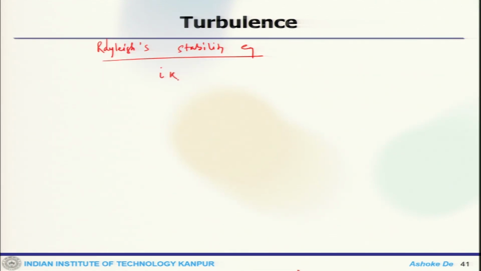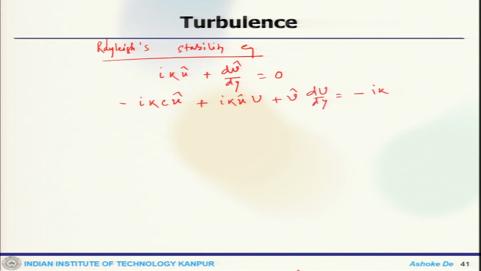We get i k u hat plus d v hat by d y equals to 0, and i k c u hat plus i k capital U plus du by dy minus i k p hat by rho, and the third equation that we get i k c v hat plus i k u equals to minus 1 by rho dp hat by dy.